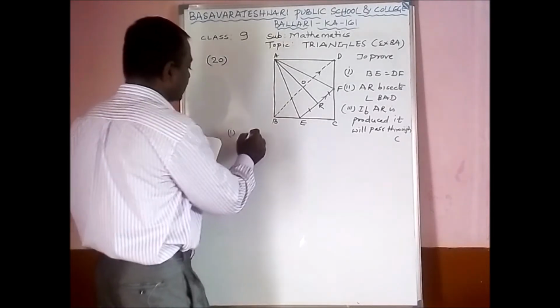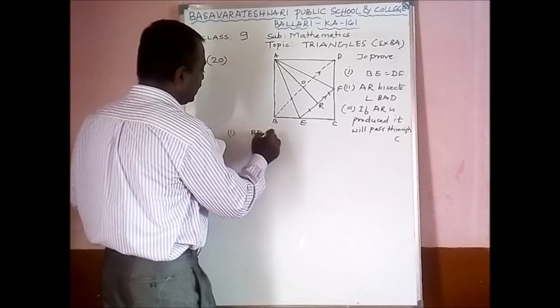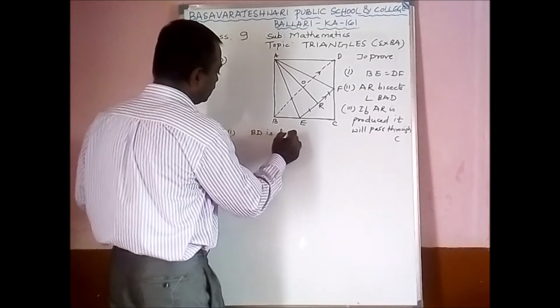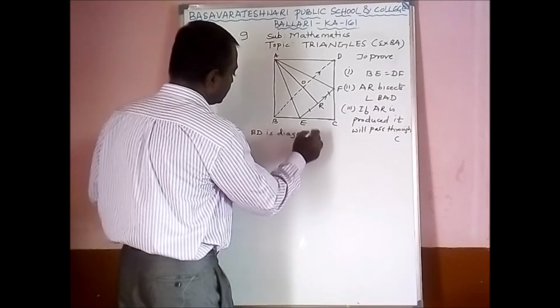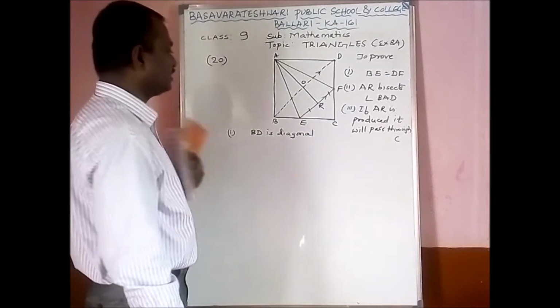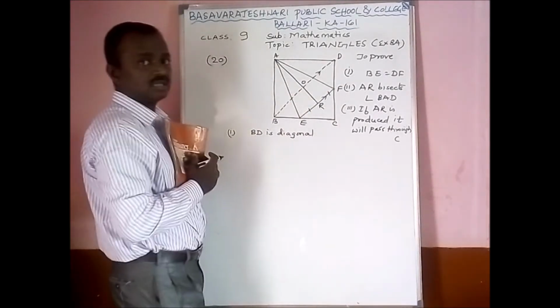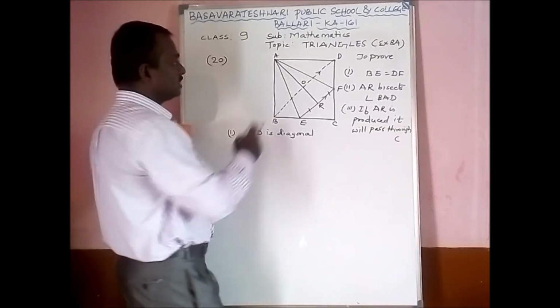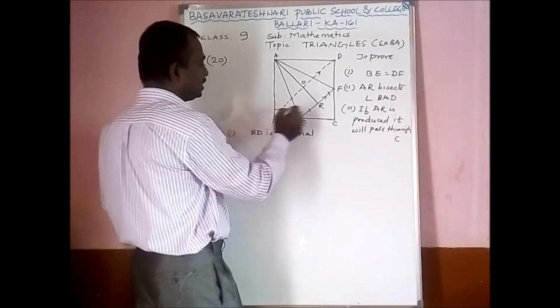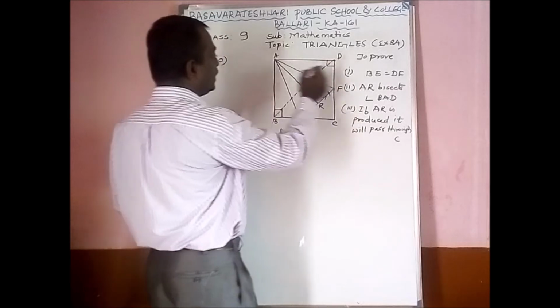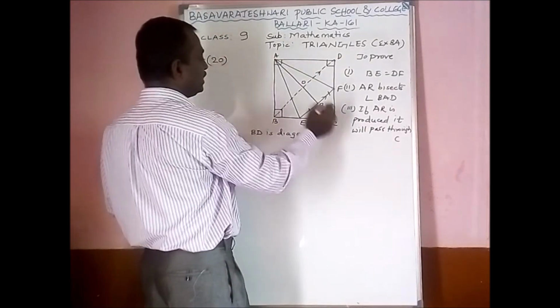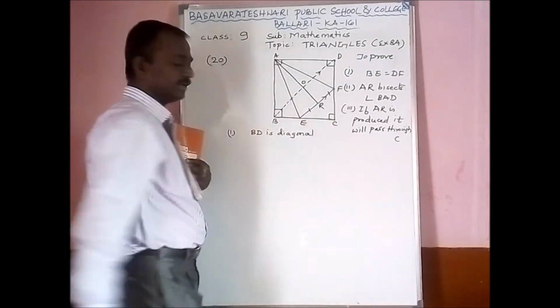So BD is a diagonal, correct? BD is a diagonal, and a diagonal always bisects the angle. So each angle of the square will be how much? It is 90 degrees, all the angles will be 90 degrees.